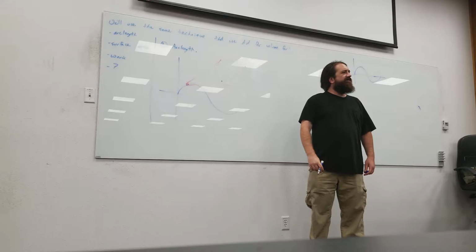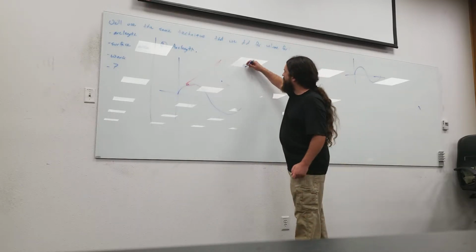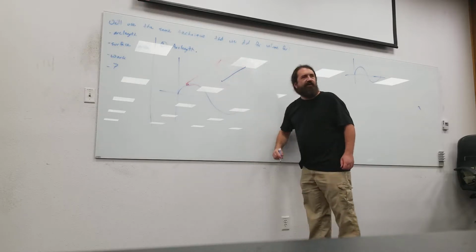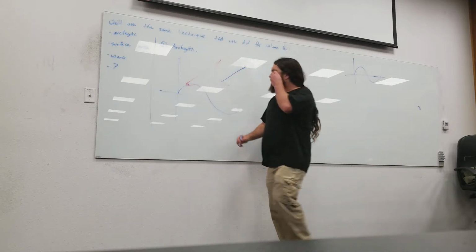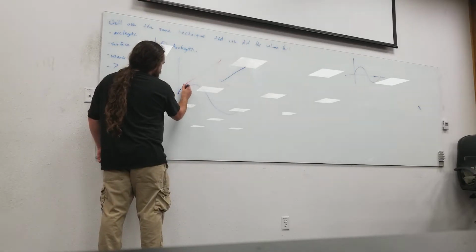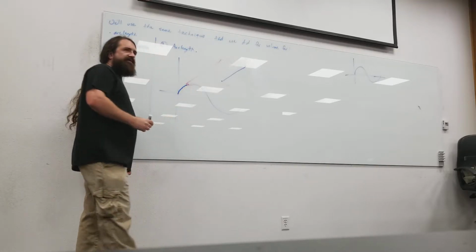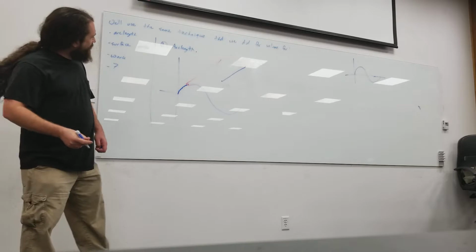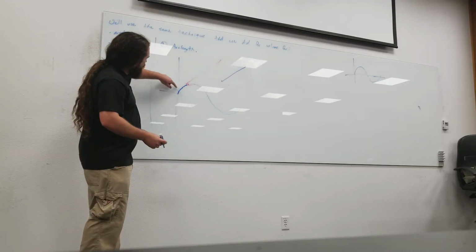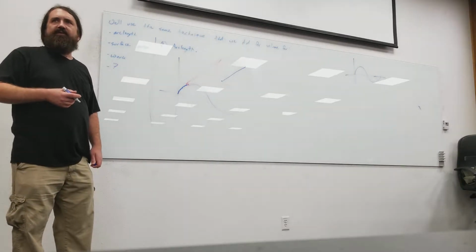I can basically assume this thing is made out of tiny little pieces of straight lines, right? So I can assume that this thing is essentially straight over very short periods. So that is, instead of looking at that curve, I can look at this curve where I just draw straight lines in between these little pieces. So if we can figure out the length of one of these little pieces and then add all of those up, we should be able to calculate the arc length of this curve.